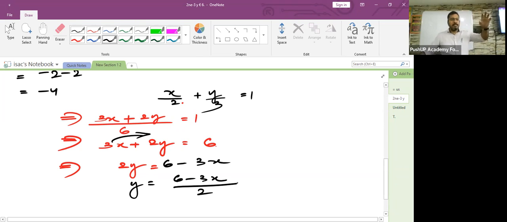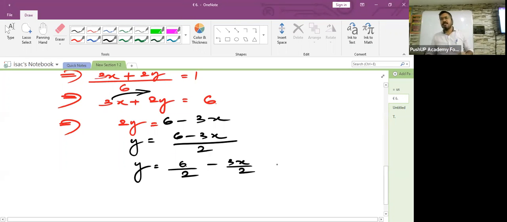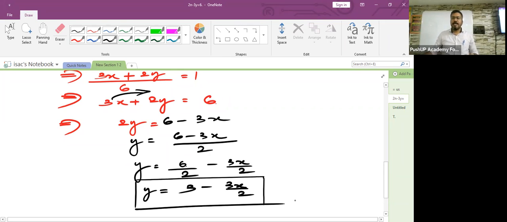Just by cross multiplying, 2 from the left-hand side goes to the right-hand side denominator. Clear? I would recommend you to individually divide the numerators with the denominator. So you'll be getting y is equal to 6 by 2 minus 3x by 2. 6 by 2 is 3. And 3x by 2. Okay. So this is the second equation.